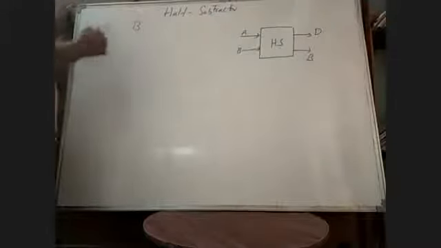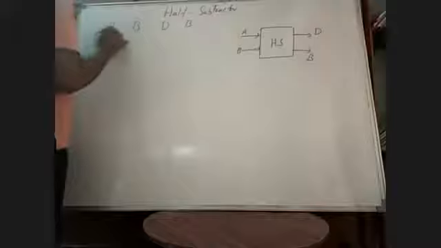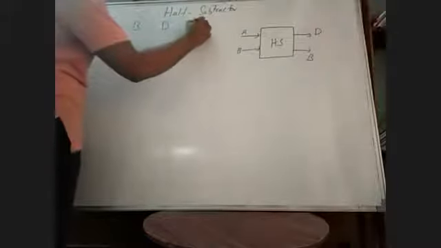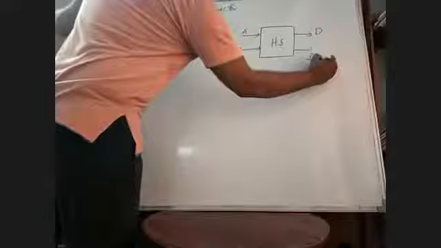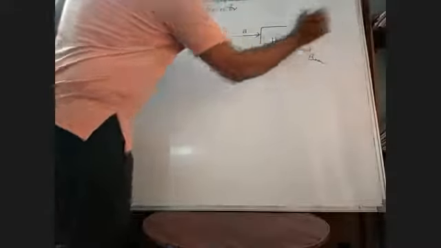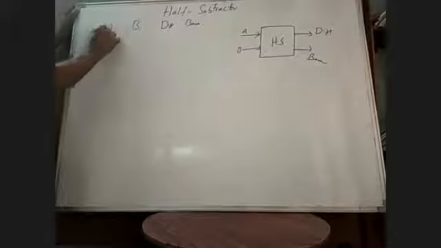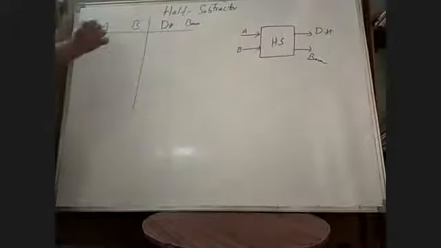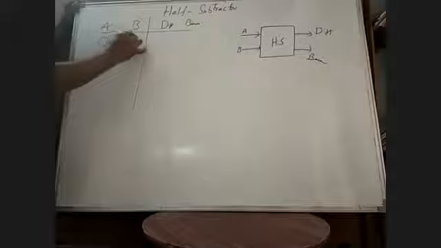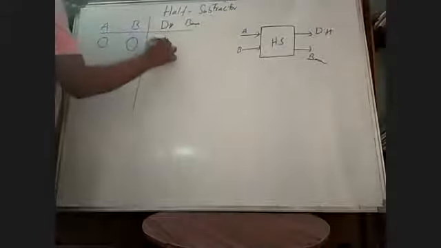Now we will verify the combinations. What is the difference and what is the borrow? Combinations: single input, so when A is 0 and B is 0, 0 minus 0 is 0.